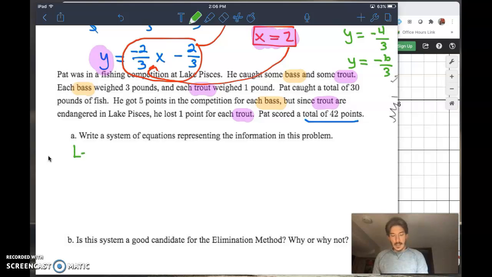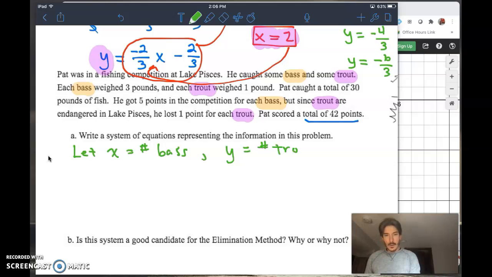I'm going to let x equal the number of bass Pat caught, and let y equal the number of trout that Pat caught. Okay, and that first equation is going to be relative to the pounds of fish that he caught. I know that the number of pounds of fish he caught is going to be made up of x and y here.